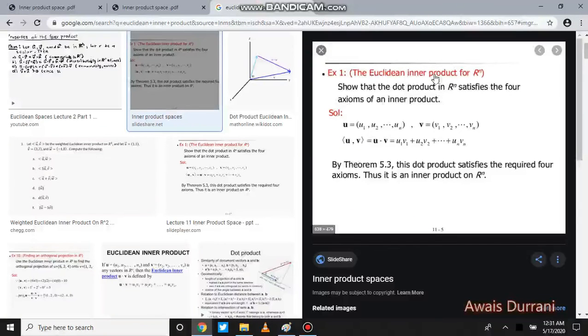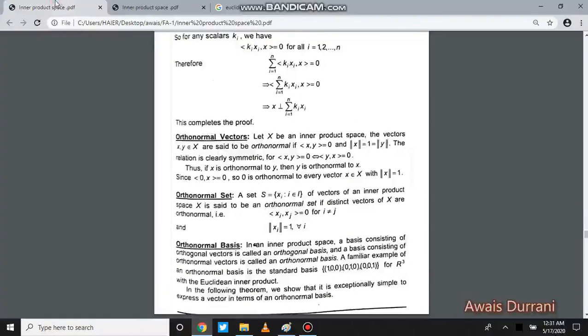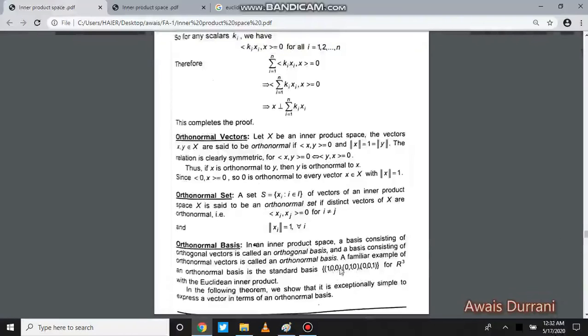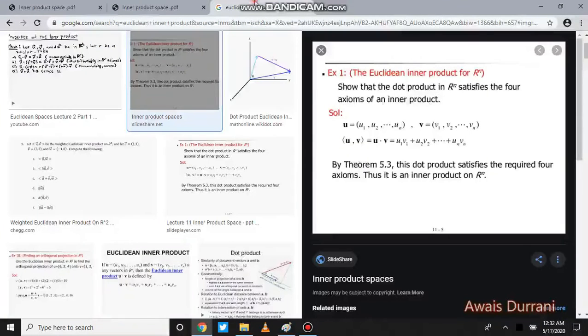The Euclidean inner product is defined by this: u1v1 plus u2v2 plus so on up to unvn. As we have only three elements in this set, we can multiply these two elements under the Euclidean inner product, as you can say, the dot product.